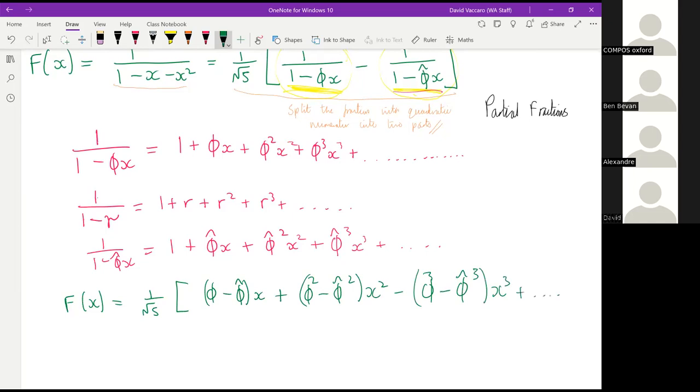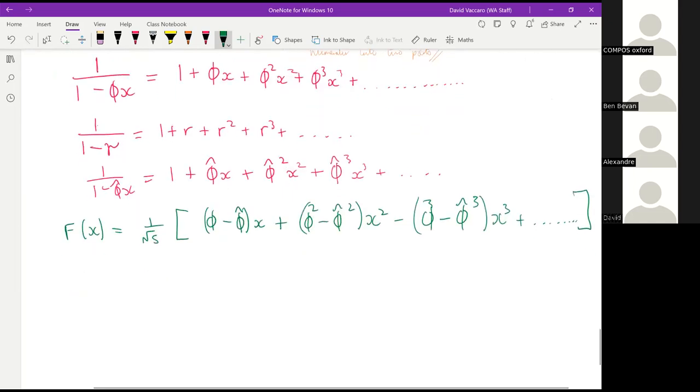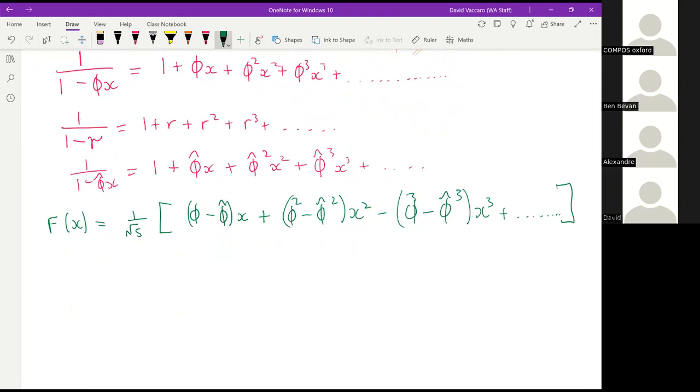Okay. But what do we now think that these terms are going to give me? What we decided earlier was the coefficients of the powers of x in the function f(x).